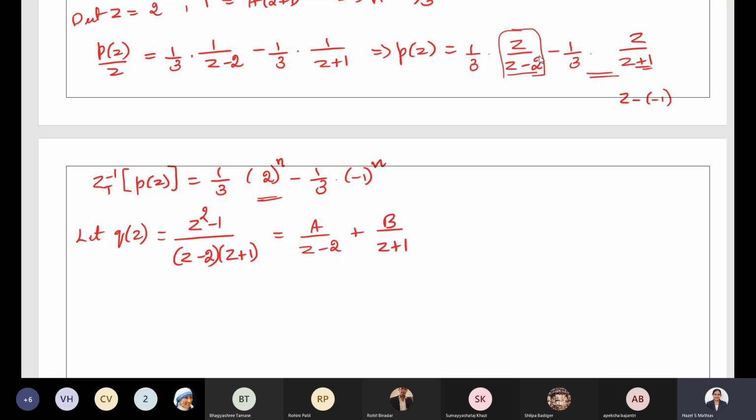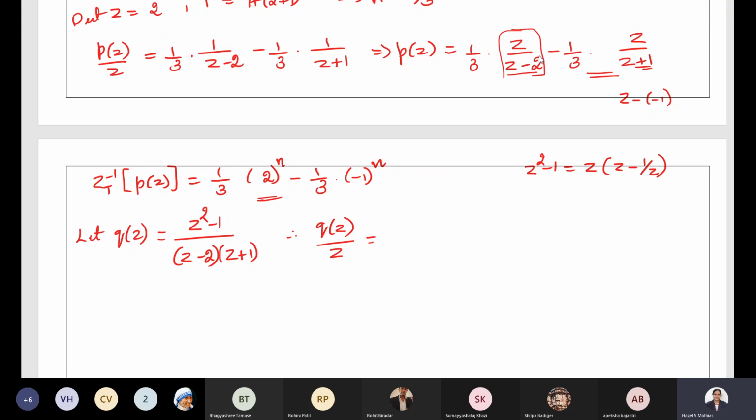First we have to find what is q of z by z. Then you have to split it. Okay, first find q of z by z. So what will be q of z divided by z? From z square minus 1, if you take z outside, z minus 1 by z remains.